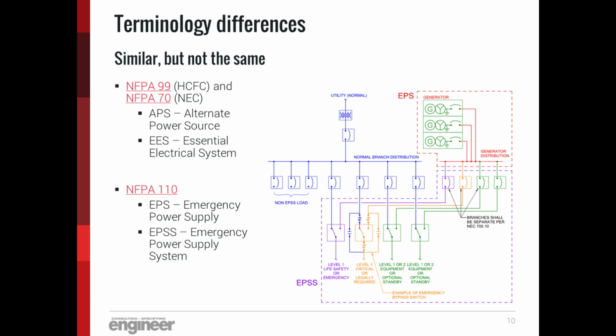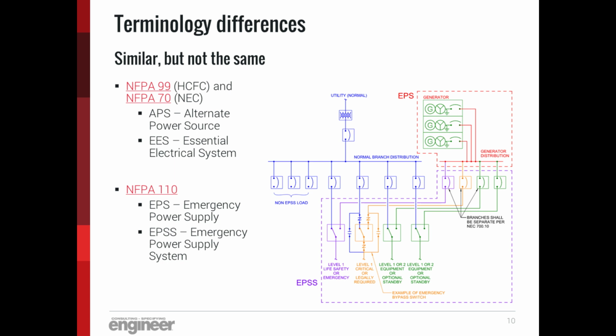NFPA 110 does not apply unless NFPA 99, NFPA 70, or another NFPA document invokes NFPA 110. And if the alternate power source is a generator, in the vast majority of cases, then either 99 or 70 or some other code and standard will indeed invoke NFPA 110.